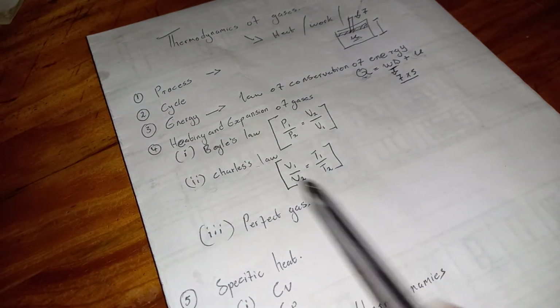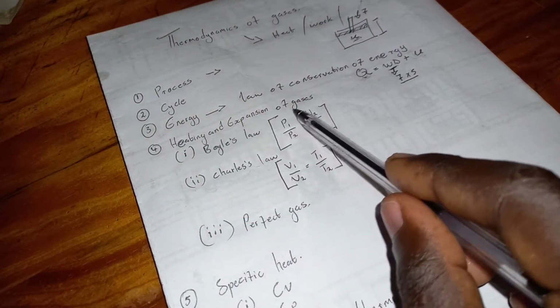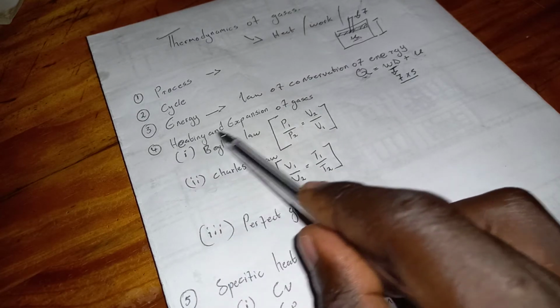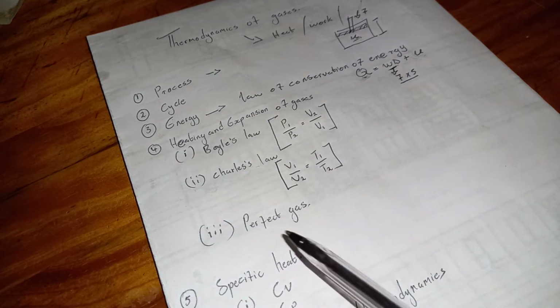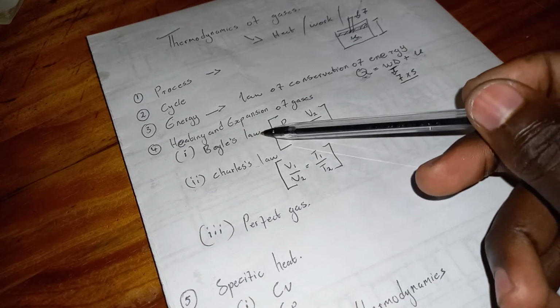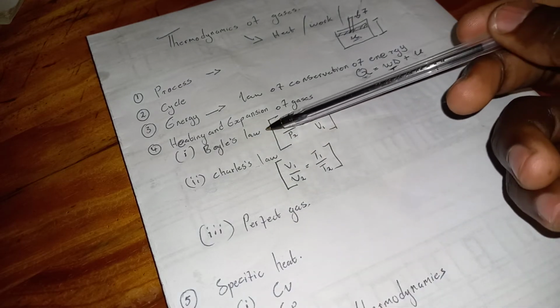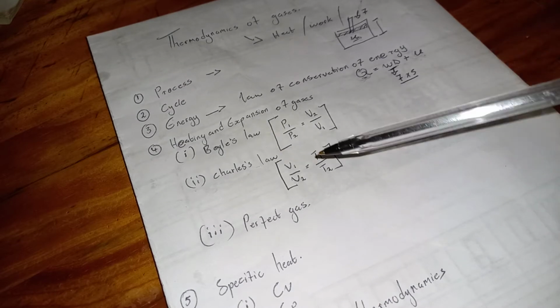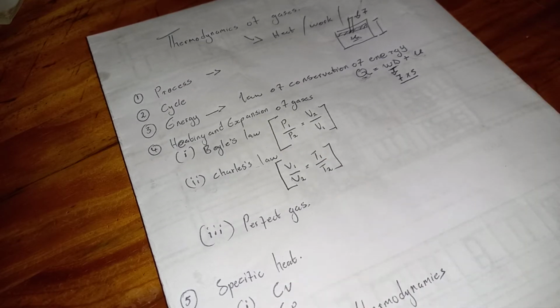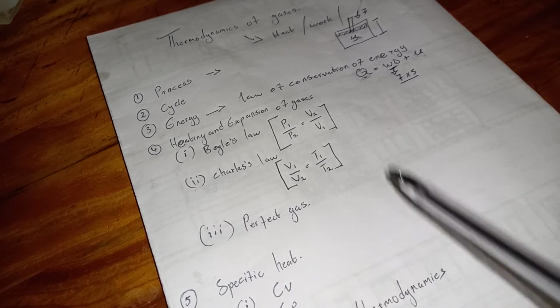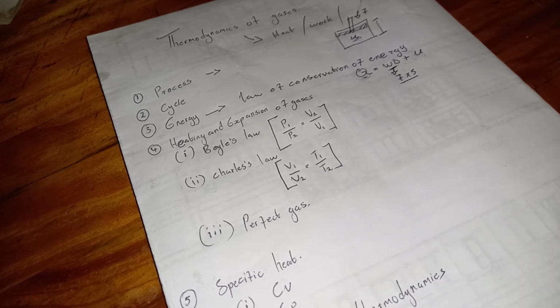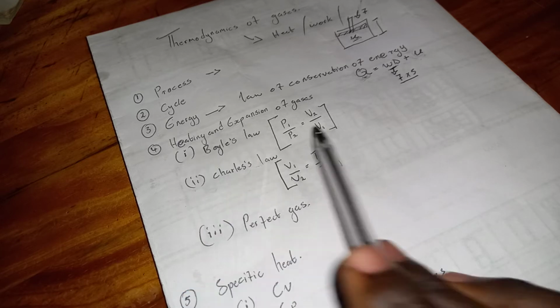And then we have also the heating and expansion of gas. When talking about the heating and expansion of gas, we are talking about three things here. We are going to concentrate on Boyle's law, Charles's law, and what you call a perfect gas. Let's start with Boyle's law.